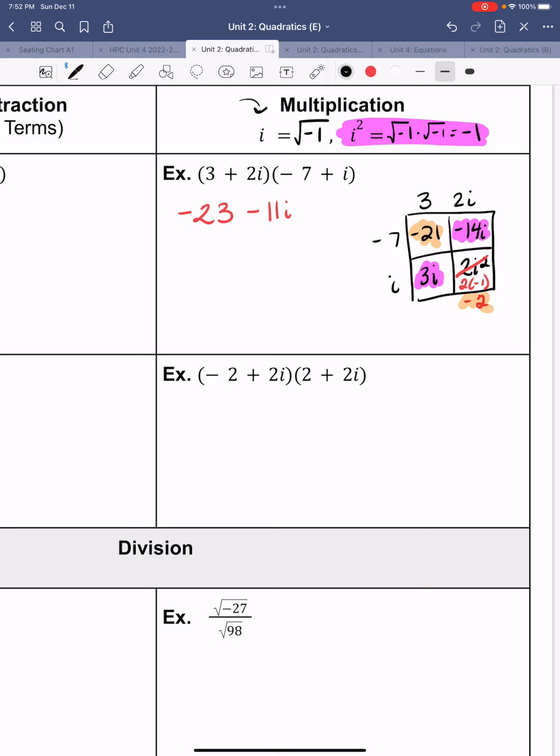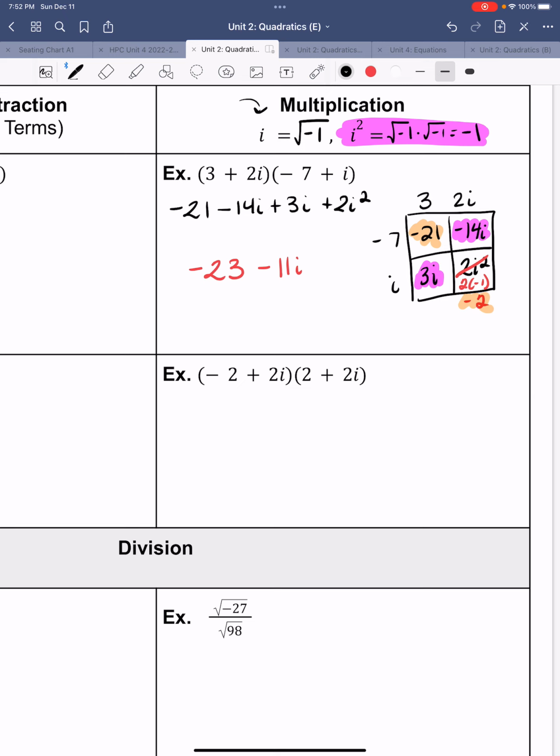For this next one, I'm going to do FOIL, because some of us prefer FOIL. If you like the box better, you're going to get the same result out. And let me just actually back up real quick. If you had done FOIL in this previous one, you would have gotten the same response. You would have gotten negative 21, and then a negative 14i, a positive 3i, and 2i squared.